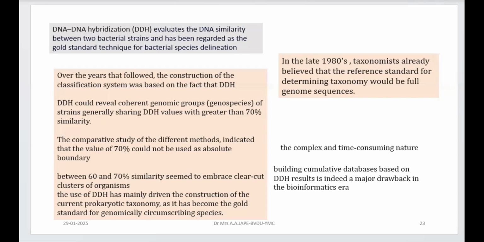And of course, limitation, as I said earlier, the complexity of the DNA hybridization method, and it is time consuming in nature. And when it comes to complete genome sequencing, you can imagine how long you will be running the process, right? So building a cumulative database based on DDH is really cumbersome or difficult and remains the major drawback in the bioinformatics era.